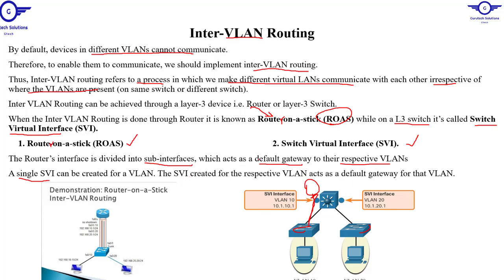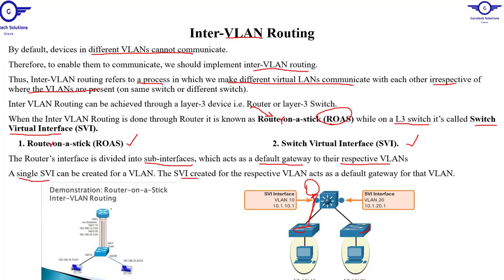Likewise, the same way the sub-interface acted as the default gateway of a respective VLAN, the SVI will also act as the default gateway for that VLAN. For more notes or materials, I will send them.